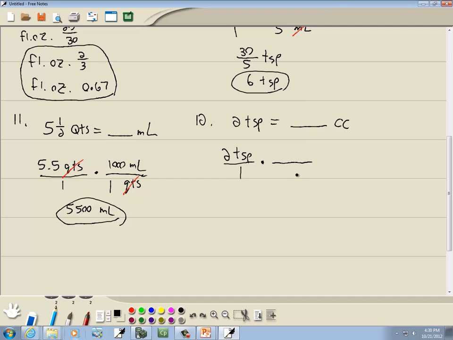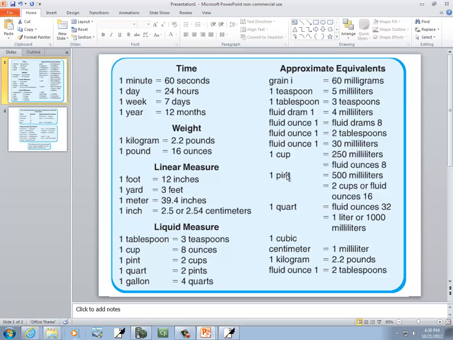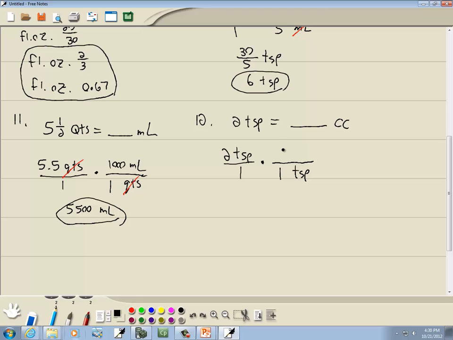Dimensional analysis says teaspoons up there, teaspoons down here. Well, let's go find some kind of tie between teaspoons and milliliters. I think it's 15 milliliters is 1 teaspoon. I lie. 5 milliliters is 1 teaspoon. I have no memory. So now these teaspoons will cancel. 2 times 5 is 10. And we get 10 milliliters, or that's the same as 10 cc's.